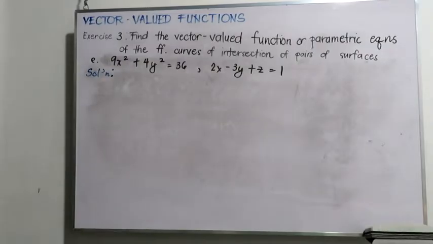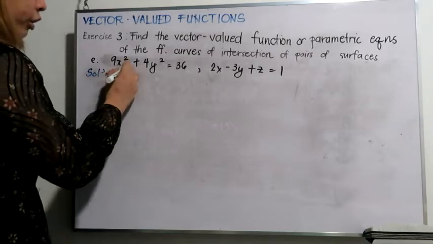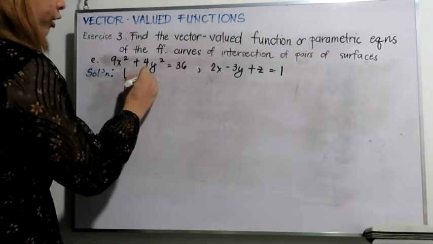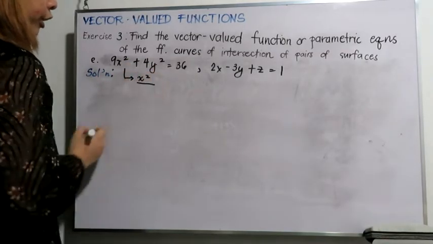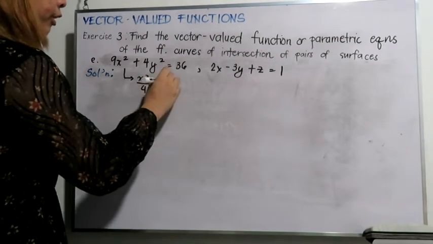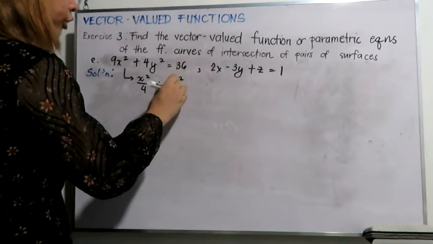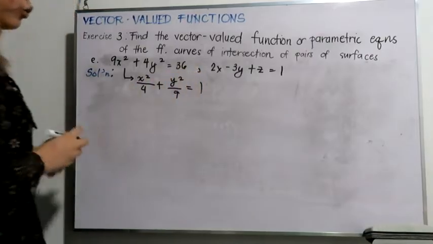For this example, we don't have the convenience of having one of the variables defined as a constant. Moreover, letting any of the variables be equal to our parameter t might not be helpful. Luckily, the first equation here we can rewrite as x squared over 4 plus y squared over 9 equals 1.